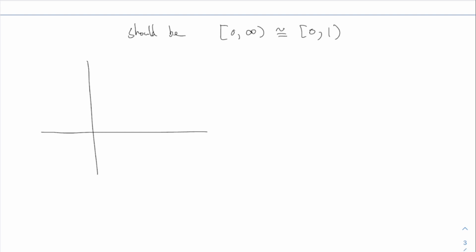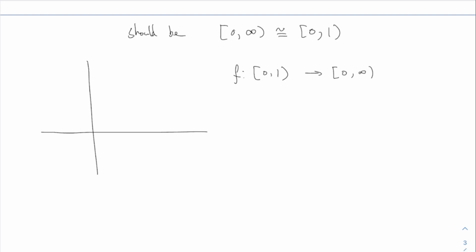So I'm going to try to make f go from 0,1 to 0 infinity. You can do either way, but this one is slightly easier to draw the picture of. You know, I changed my mind. It's better the other way. Whatever. Let's stick with this. It doesn't matter.